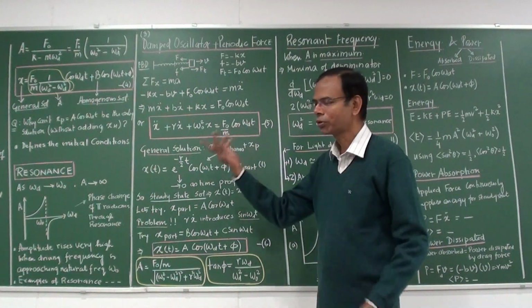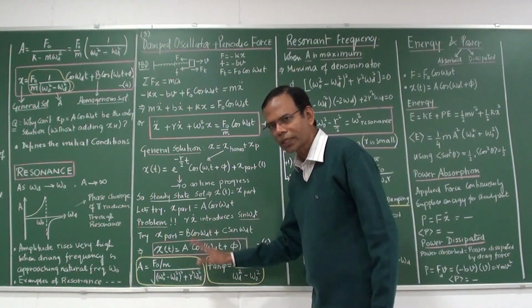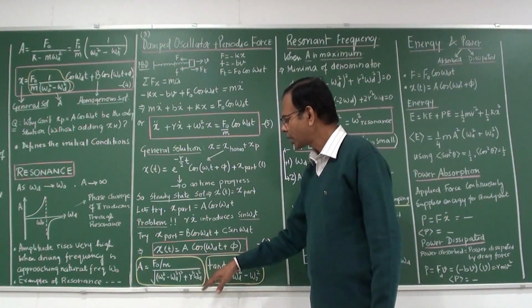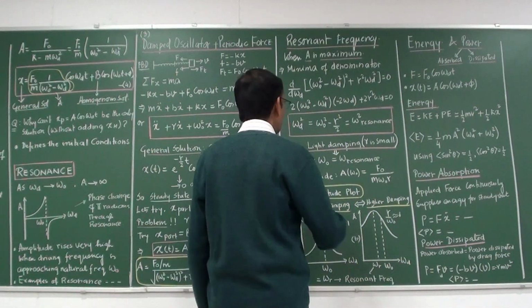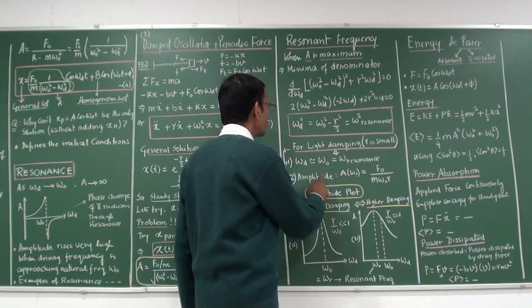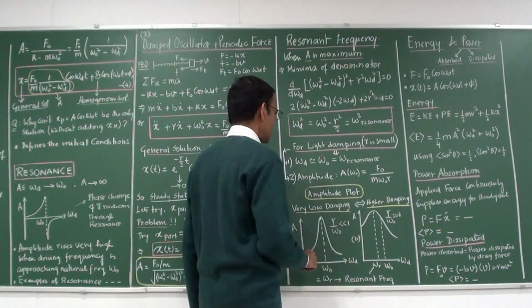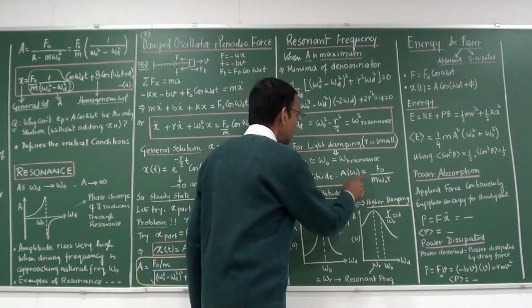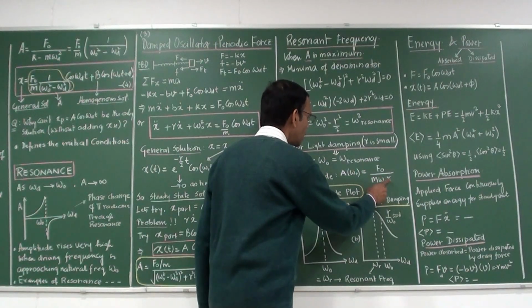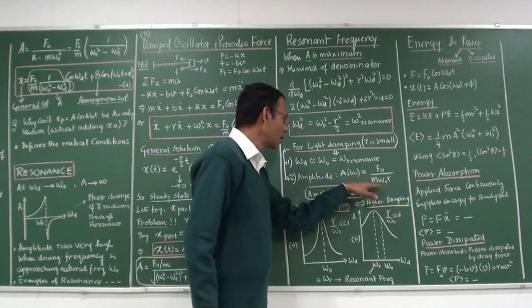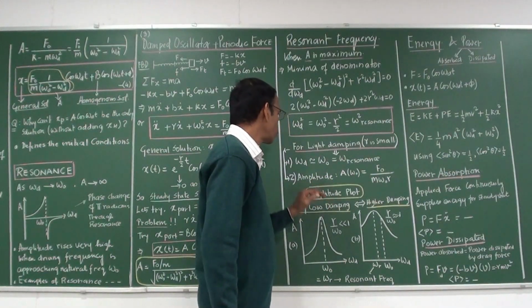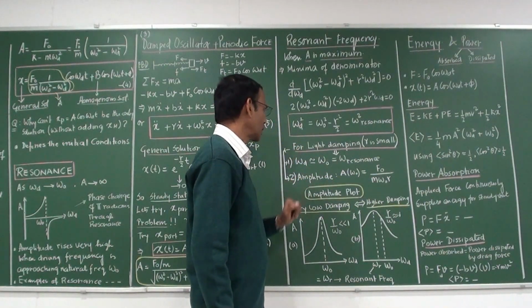From there, you will find that the amplitude for the light damping case is f0 by m omega 0 gamma.